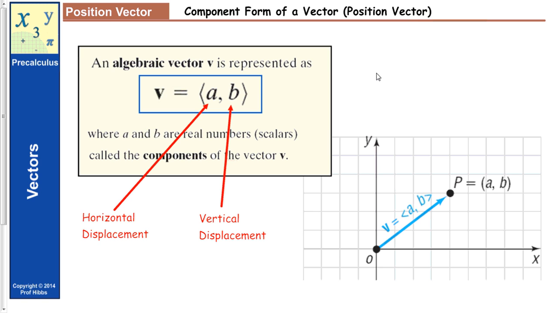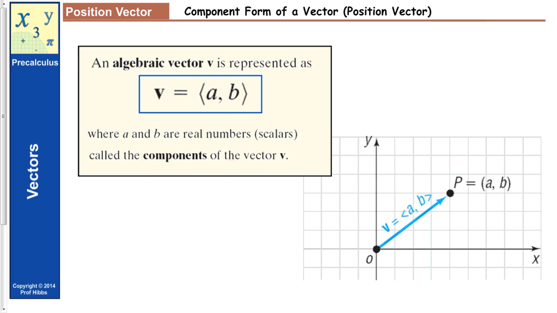When you hear the terminology position vector, we're thinking of putting that vector so its initial point is at the origin, and then we have the vector starting at the origin and ending wherever it ends. If this is the component form, it will end at the point (a, b). So there's a relationship between these. It's real easy to see: if we see this, then the position vector is when we graph it to that point. And that's the idea behind that.